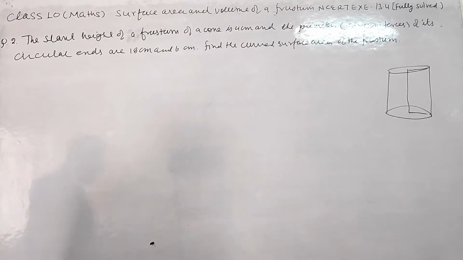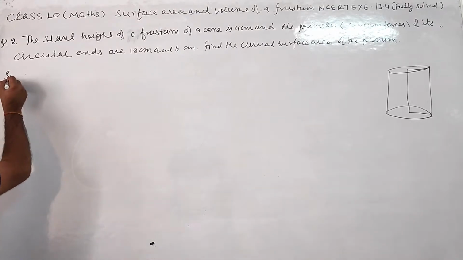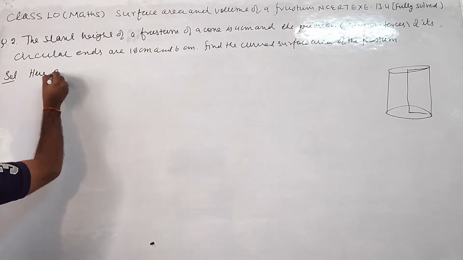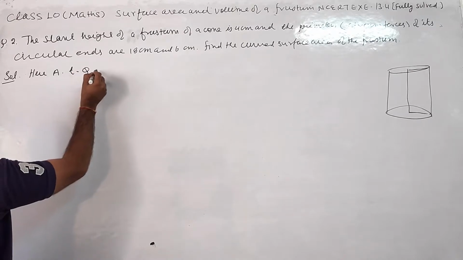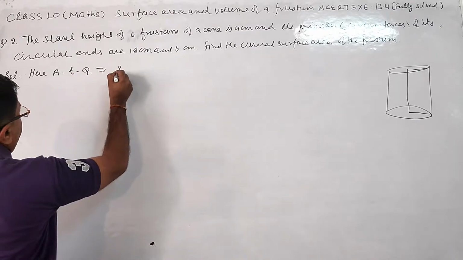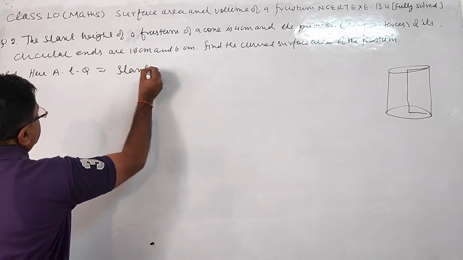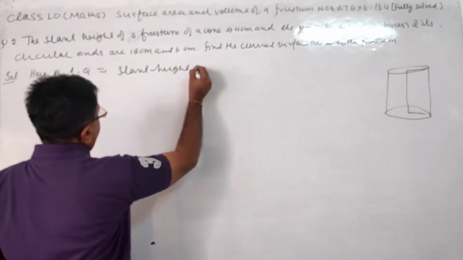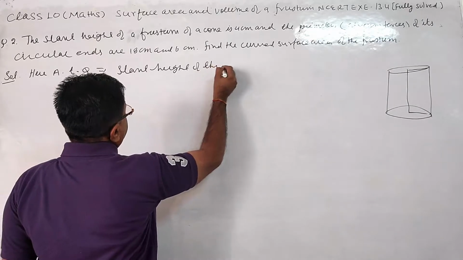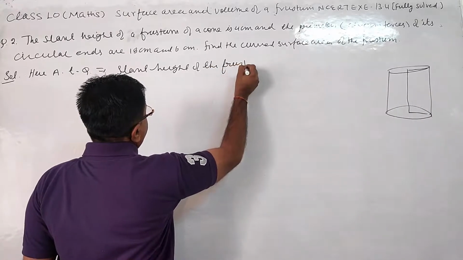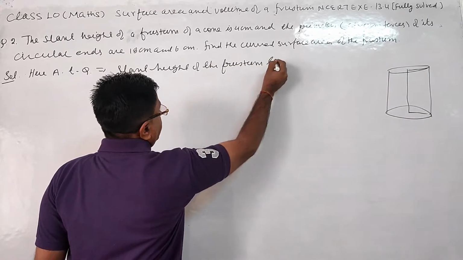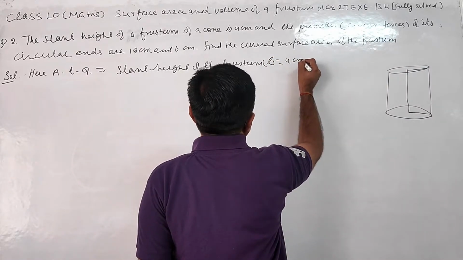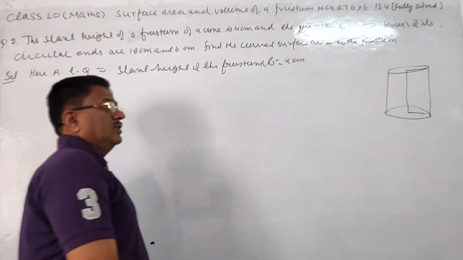So we may write here in the solution. According to the question or problem, the slant height of the frustum, that is L, is given as 4 centimeter. Now we are given the circumference.